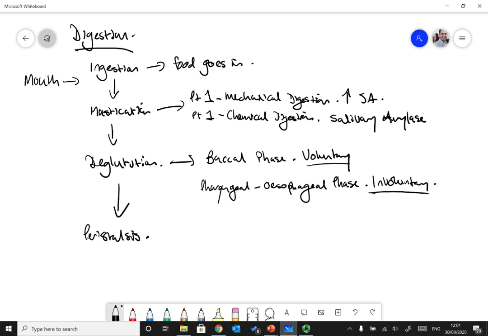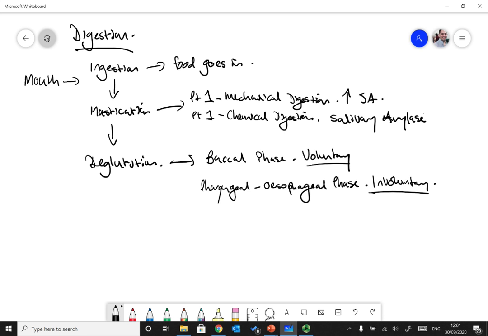Okay, so what happens with deglutition? Well, basically, I say basically, there's nothing basic about any of this. It's bloody physiology, for goodness sake. We've got the coordination of your, where shall I put this? So let's get rid of peristalsis and just make a note of what we've got.